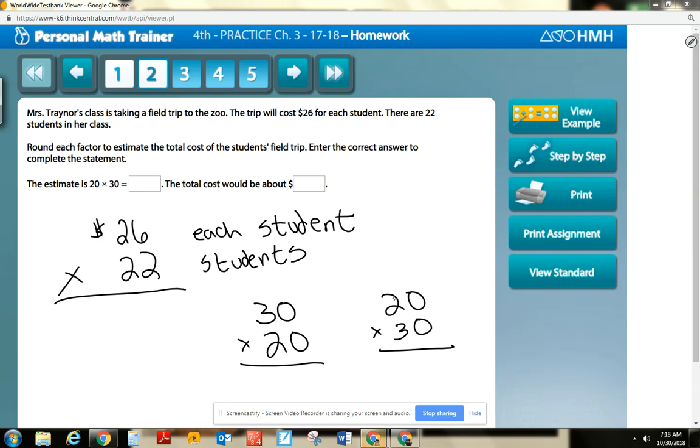Well, 20 times 30 is 20 times 3 tens. 20 times 3 tens would be 60 tens. I can also do this by looking at 2 times 3 is 6, and there's 2 zeros to move. So 20 times 30 is 600, and the total cost would be about $600. That seems right.